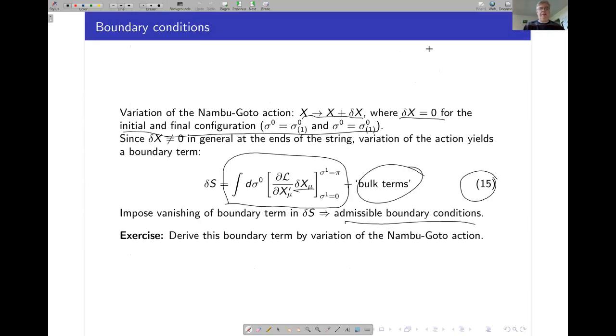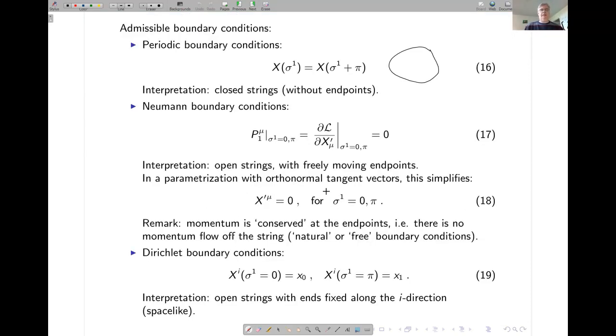Second choice is, if I want this boundary term here to vanish for arbitrary variation delta x, I can require that dL by dx prime, which is one of my momentum components, vanishes at the ends of the string. These are the natural or Neumann boundary conditions, and they describe open strings with freely moving endpoints.